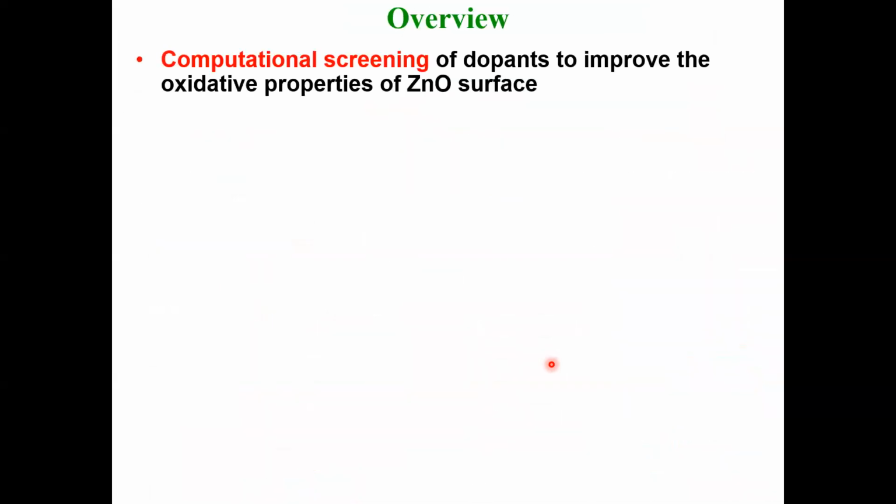So this is the last slide. In this lecture, what have we done? We have elaborated how different dopants can be computationally screened to change the oxidation catalytic activity of zinc oxide surface. I have a host oxide, and I use dopant to modulate its catalytic activity.